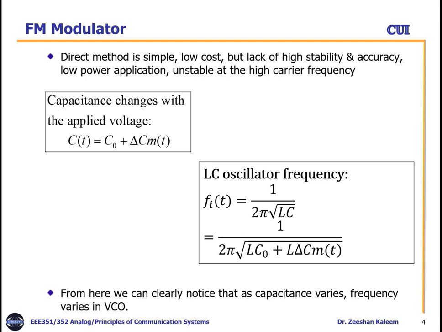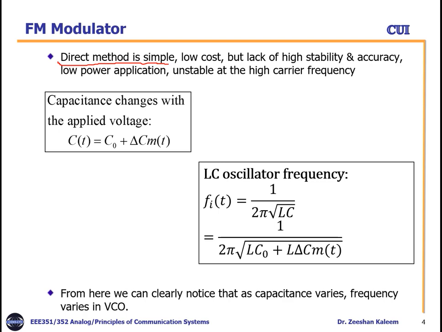The main advantage of the direct method is that it is simple. We just put a wave, which is a voltage, to the capacitor, the capacitance varies, and in the output we have a variable frequency.